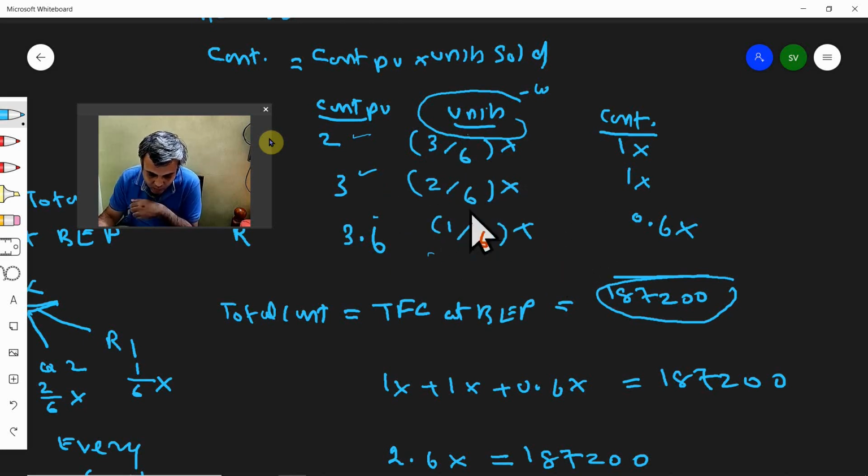When converting everything in terms of X, total units, I have to consider for every 6, 3. That is, X is not either P or Q or R. It is a mixture. The mix is in what proportion? Hence, the proportion plays a role. X is not fully P, not fully Q, not fully R.